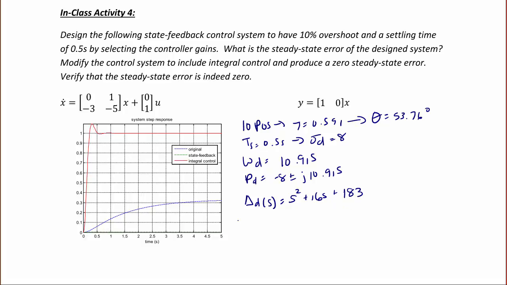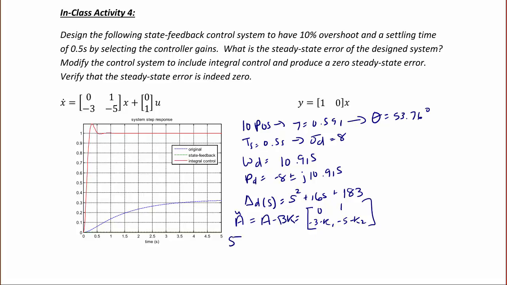And now we'll find A tilde, which is equal to A minus BK, which equals [0, 1; negative 3 minus K1, negative 5 minus K2].